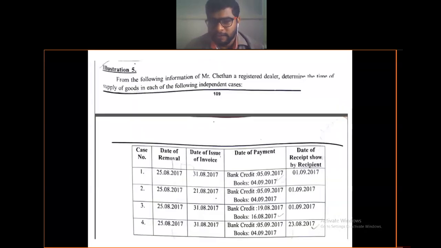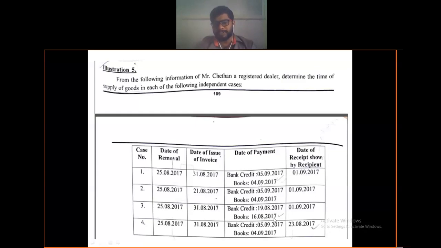So if it is difficult for you to write the analysis part, at least identify the earlier date as the time of supply, then give one reason. See, third one, which is the earliest date? 16/8/2017.